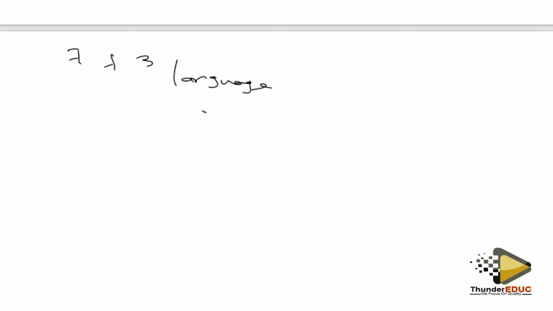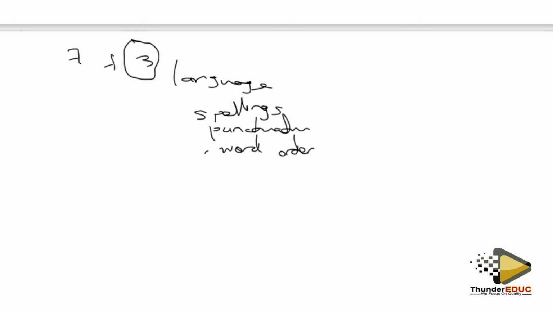Language consists of spellings, punctuation, word order. So please make sure that you understand what this 3 marks is for. This 3 marks is for your language, which is your spellings, your punctuation, your word orders. Please, language counts. So please make sure that you do the right thing.